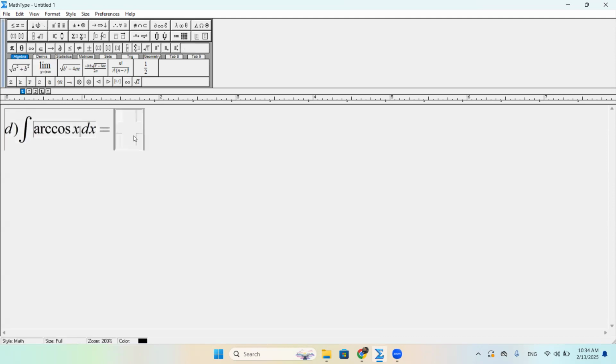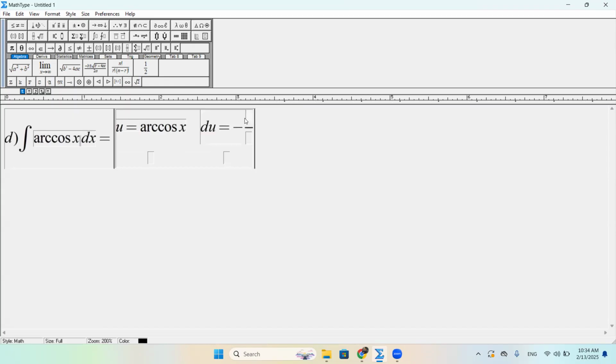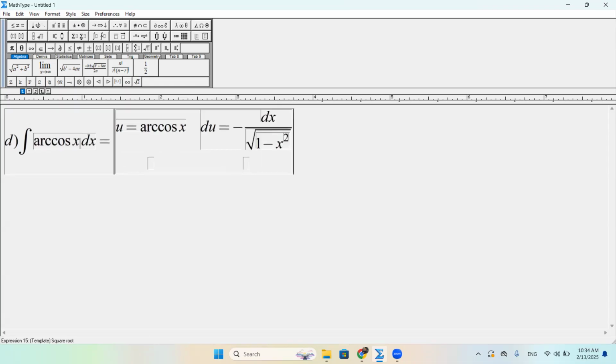What is what here? u equals arc cosine of x, and du equals, be attentive with the signs, minus dx divided by the square root of 1 minus x squared, and dv equals dx, and v equals x.